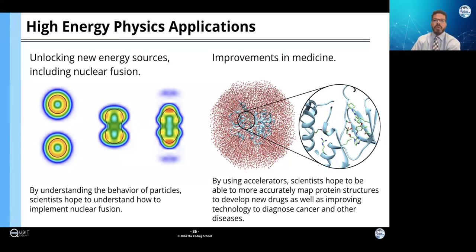And so improvements in accelerators can give you improvements in technology that can help you map protein structures, develop new drugs, diagnoses, treatments, all these kinds of things can come out of better simulations for high energy physics. However, the physicist in me at heart says it would just be cool to know how the universe works. And if quantum computers help with that, that's enough for me.